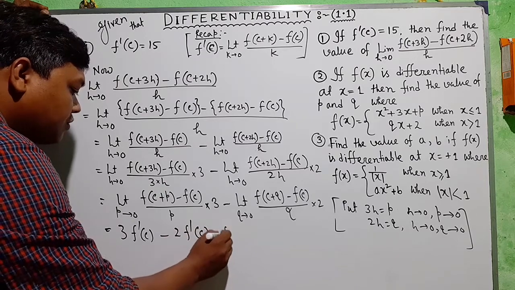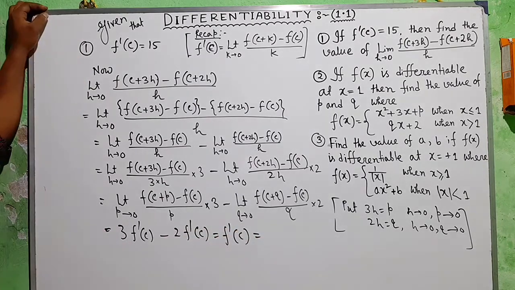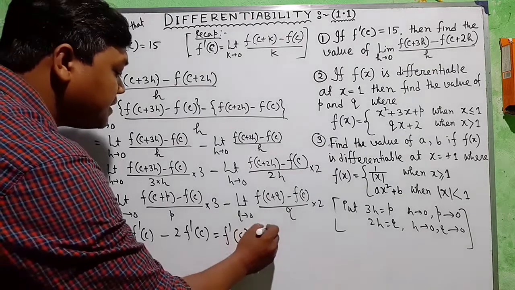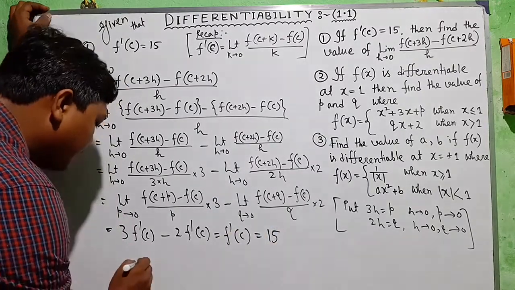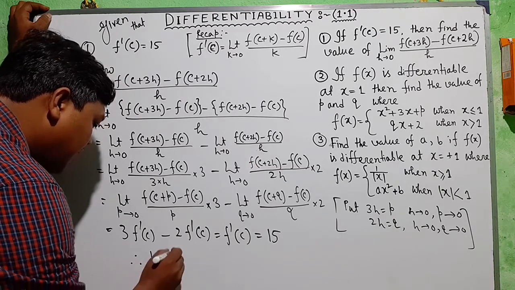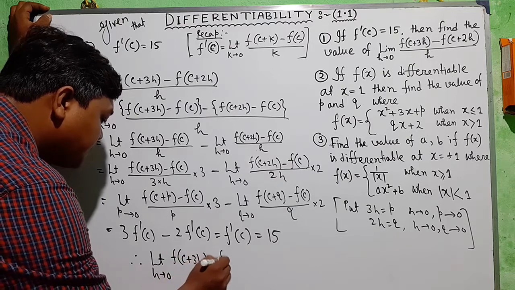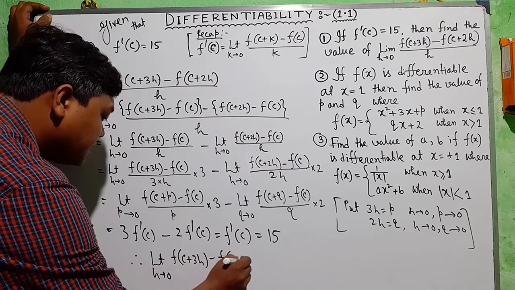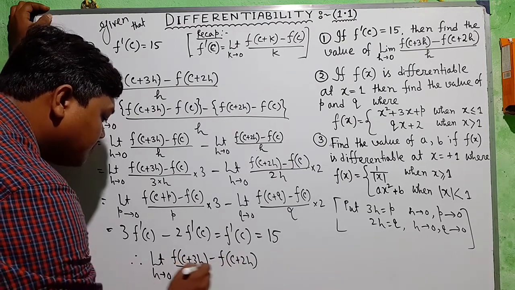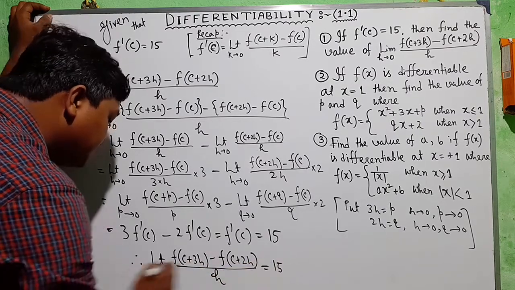The given information is that f dash c is 15. Therefore limit h tends to 0 of f of c plus 3h minus f of c plus 2h by h equals 15. That is your required answer.